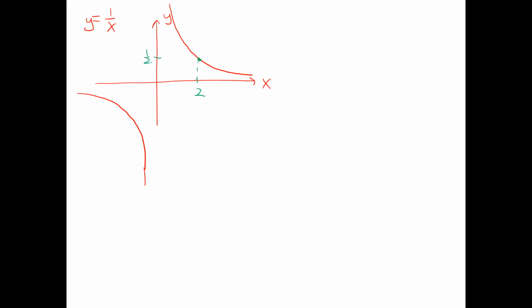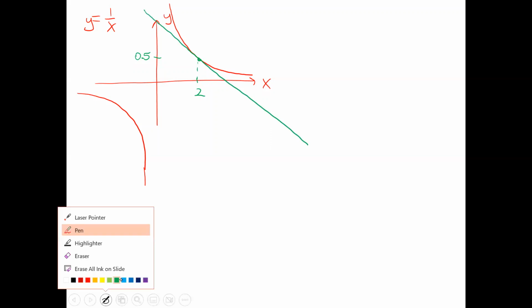We focus on the point, let's use green, (2, 1/2). Because I use the calculator, I will use the decimal 0.5. And we will need a tangent line. We're looking for the equation of the tangent line, but we know just 1 point.